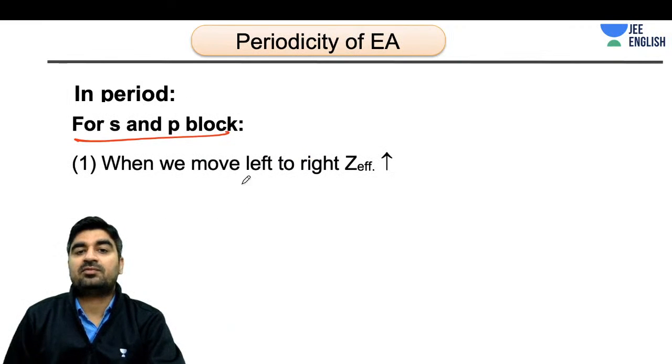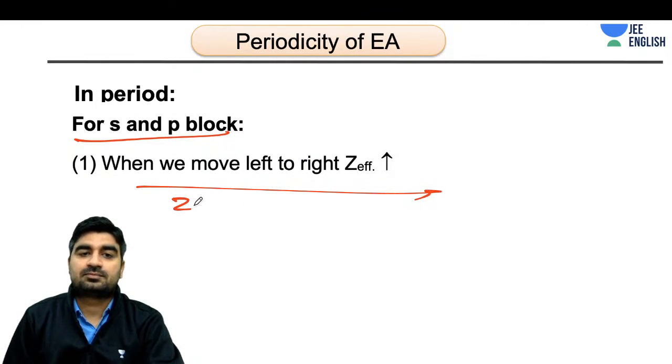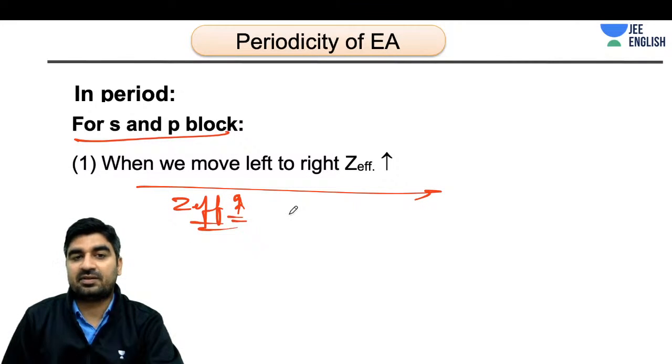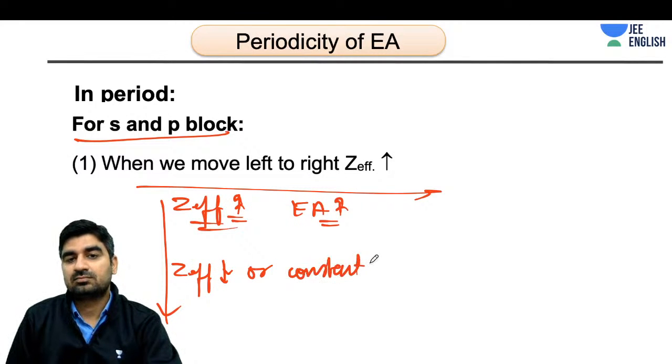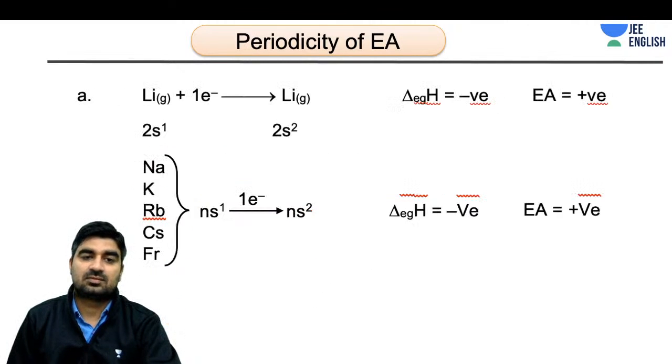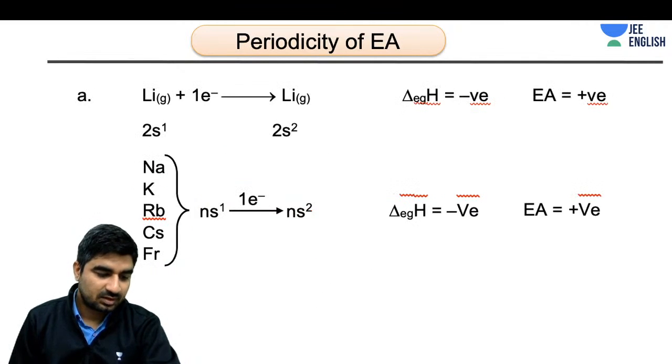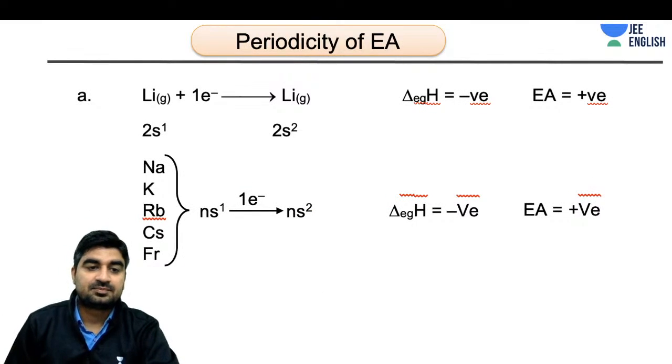So in S and P, when we move left to right, Z effective increases, and if Z effective increases, electron affinity also increases. When we move top to bottom, Z effective decreases or remains constant, so the electron affinity will decrease. So it is the general trend, right? H is enthalpy.